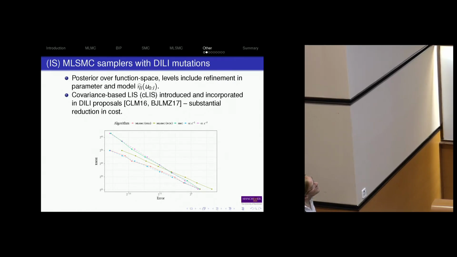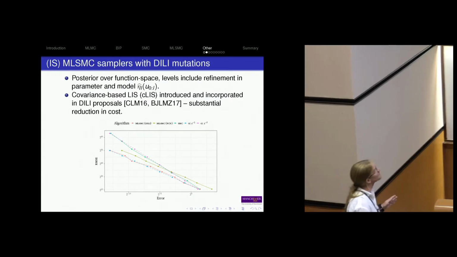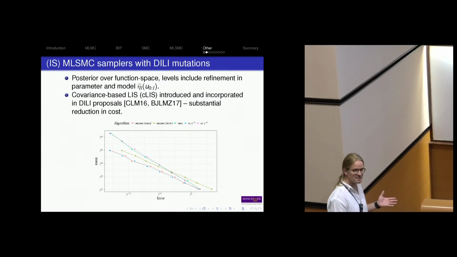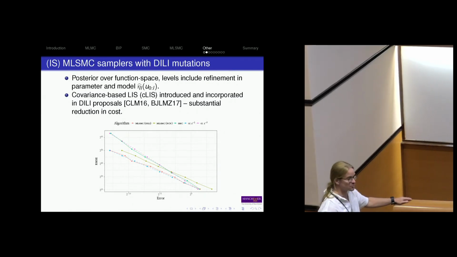In this paper, we introduced this type of MCMC methods, which are based on a formerly introduced likelihood-informed space. And we extend that notion for the SMC samplers context by introducing this covariance-based likelihood-informed space. So this likelihood-informed space that went into the original DILI MCMC involves derivatives.